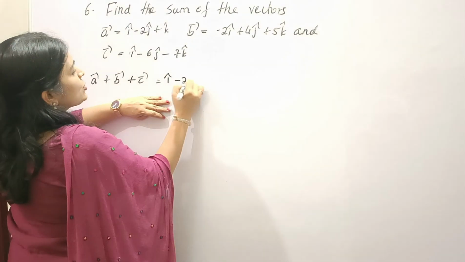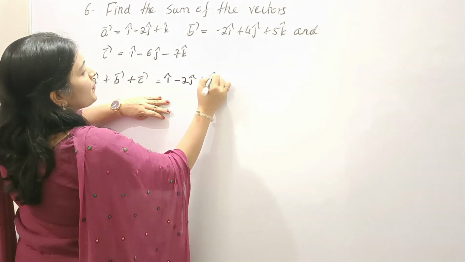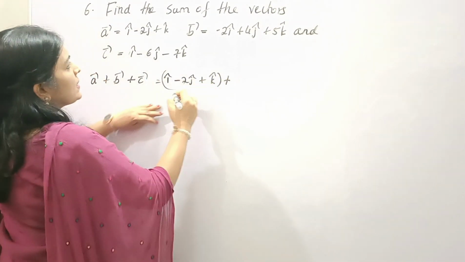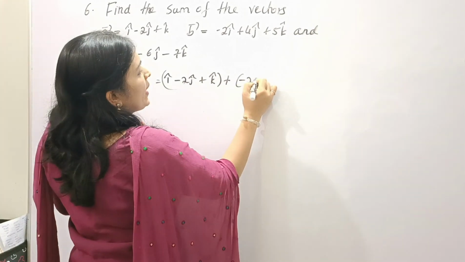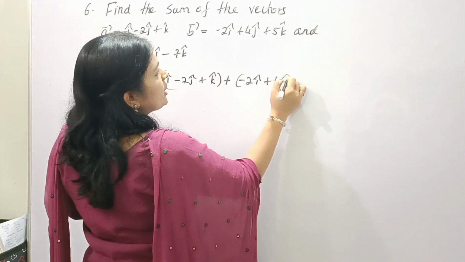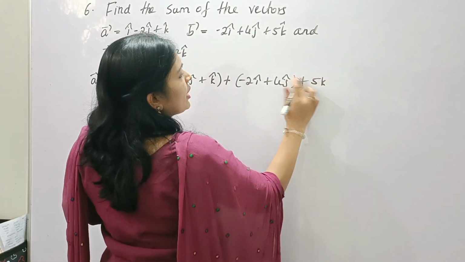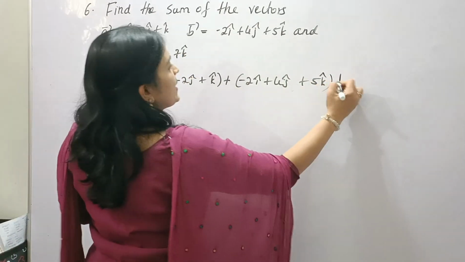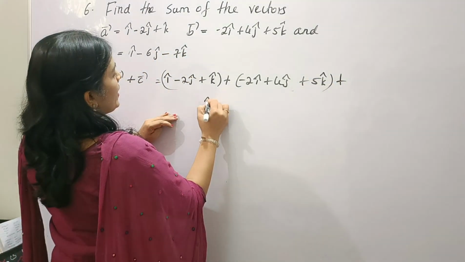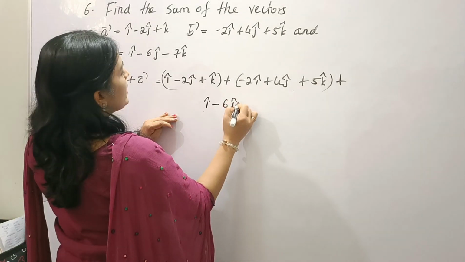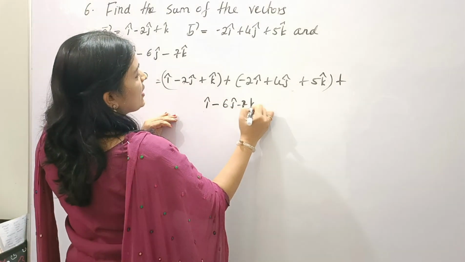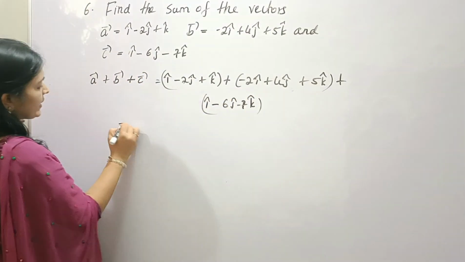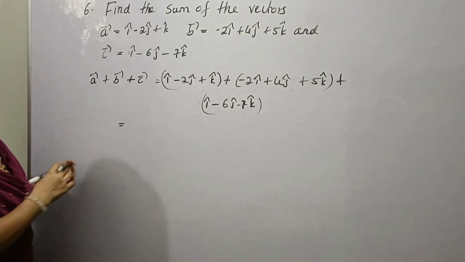That is, i minus 2j plus k, plus minus 2i plus 4j plus 5k, plus i minus 6j minus 7k. So add corresponding coefficients of i, j, k.